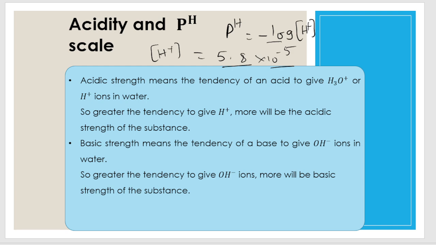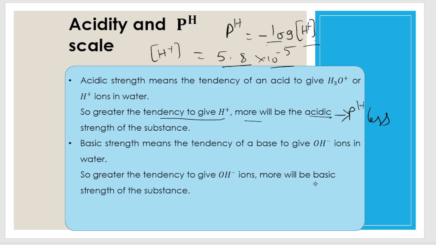Before going to check how to calculate pH, let us see the importance of pH. If the acid has a tendency to give more H plus ions, the acidic character is more. If it gives more H plus ions, and we apply the negative sign to the larger value, then pH will be less. So what is the conclusion? Strong acids have less pH.